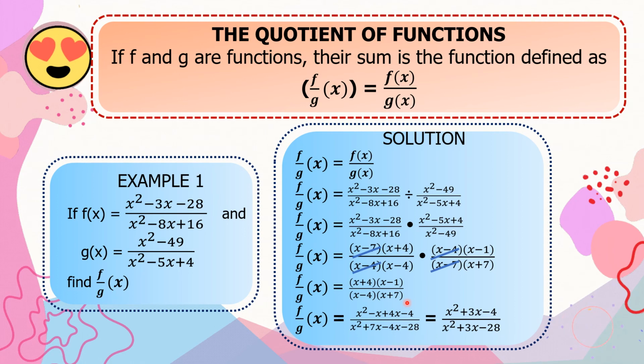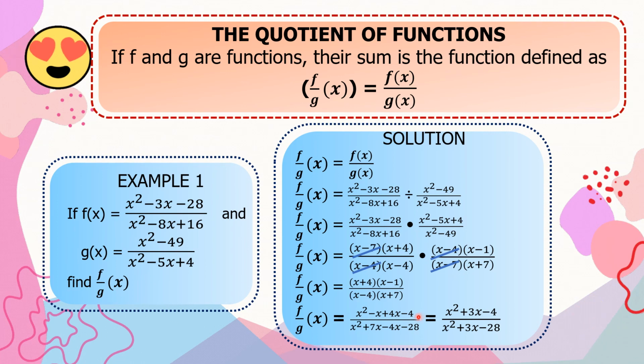Then, in the denominator, we have x times x is x squared. X times positive 7 is positive 7x. Then, negative 4 times x is equal to negative 4x. And then, negative 4 times positive 7 is negative 28.